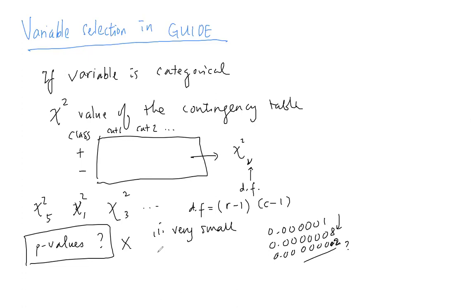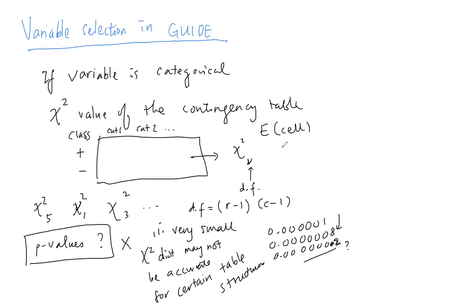The second thing is simply because the chi-square distribution may not be accurate for certain table structures. You know that in order for this chi-square approximation to be more or less accurate, you need one condition, which is that the expected cell value must be more than 5.